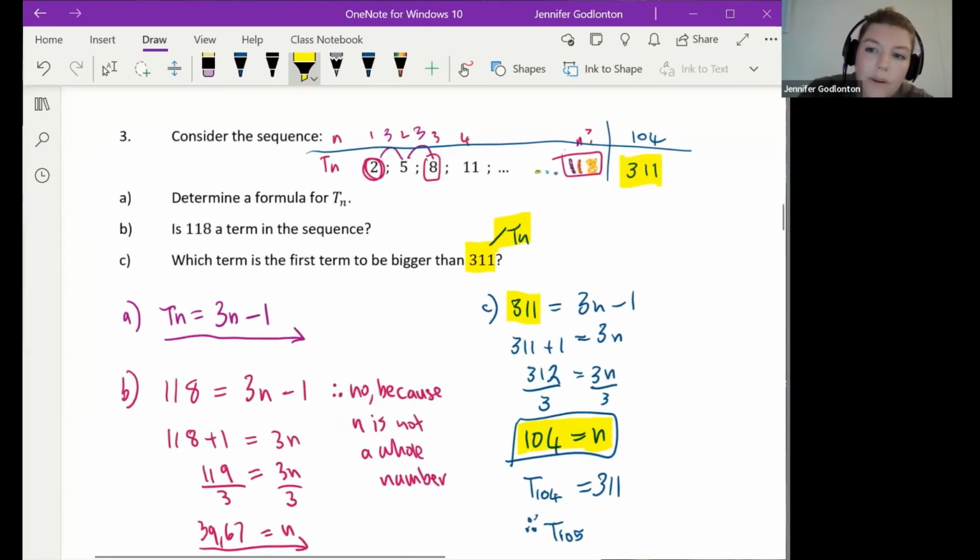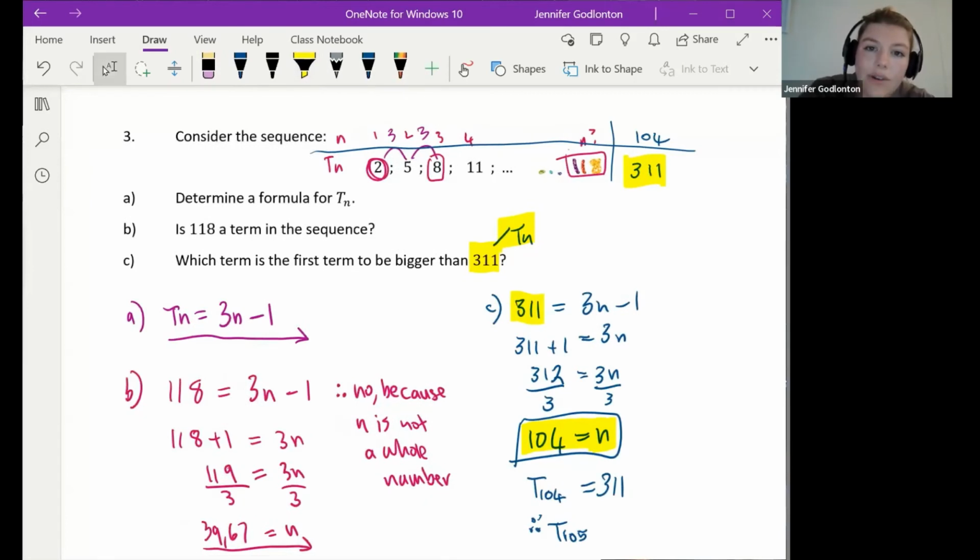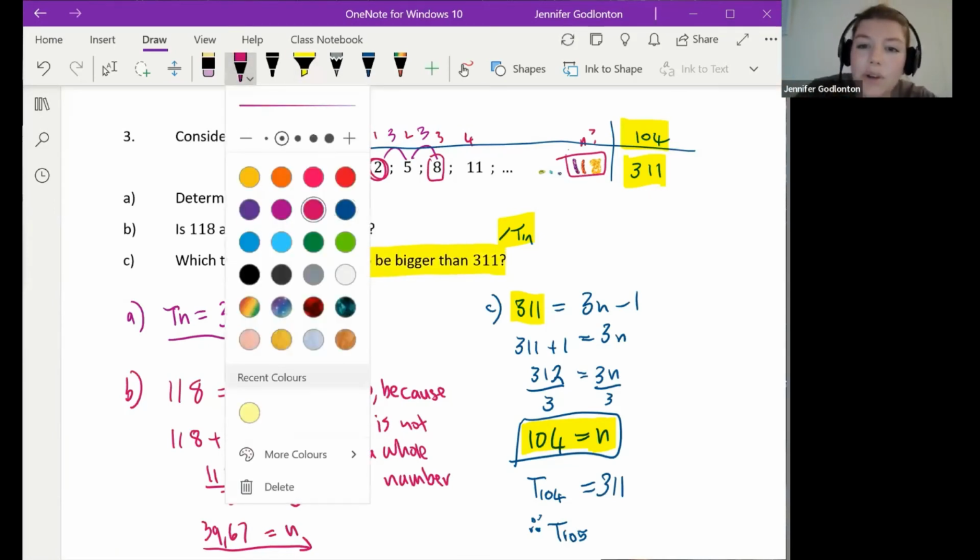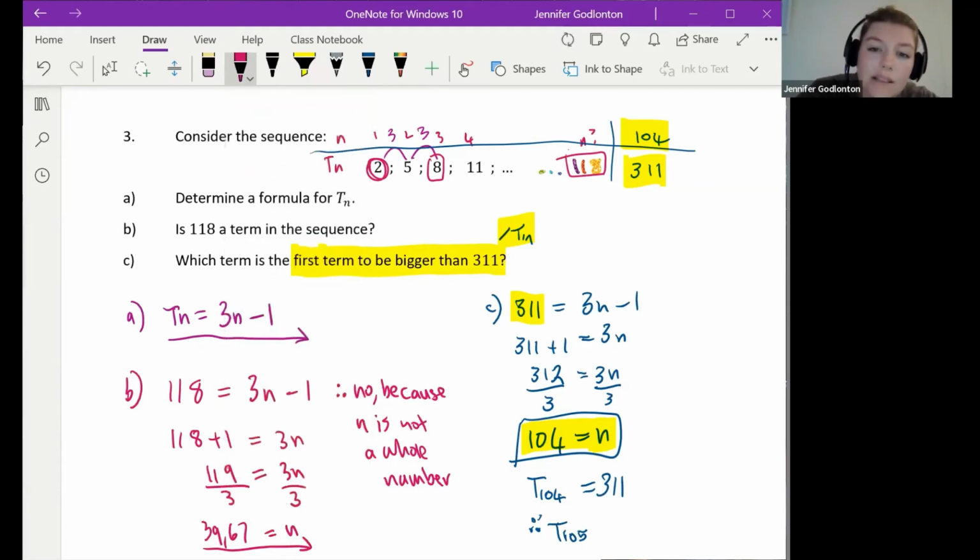So when n is 104, our answer would be 311. But our question is saying which term would be the first term to be bigger than 311. Because in this pattern we're adding 3 each time, my next number would be 314.